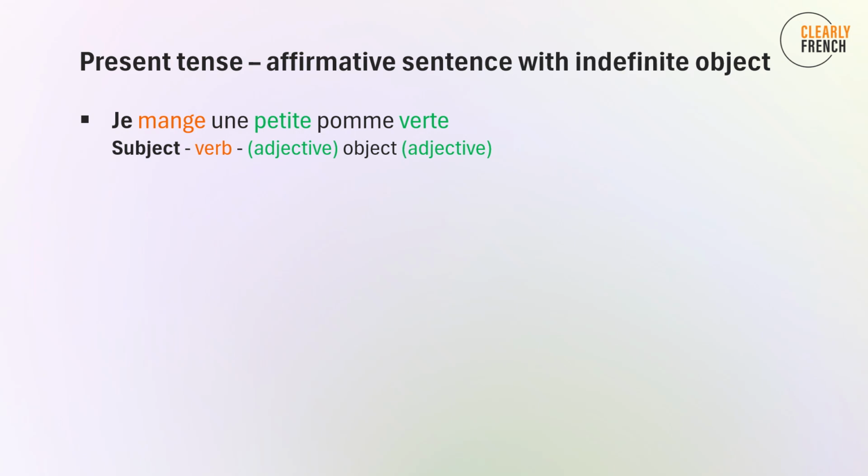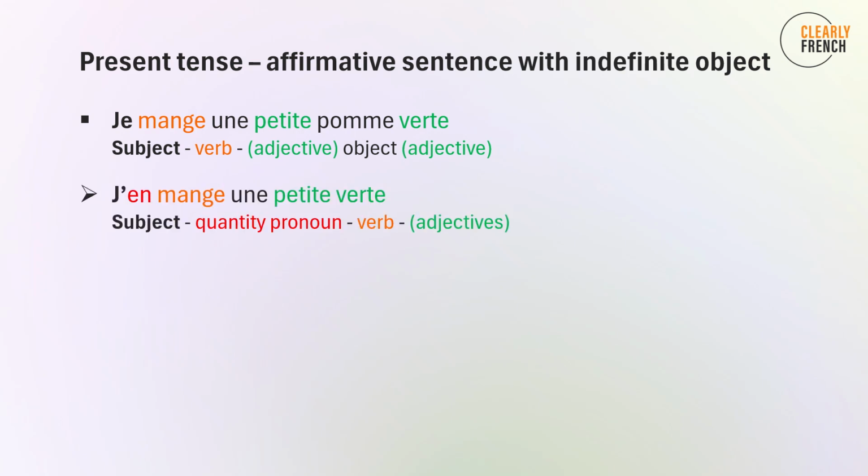So just remember, they don't all go after the object, even though most of them do. Now, if you want to say, I eat a little green one, you've got to have that en again, because one of them. J'en mange une petite verte. See, the word pomme has gone. It's replaced by en. So it leaves the two adjectives side by side.